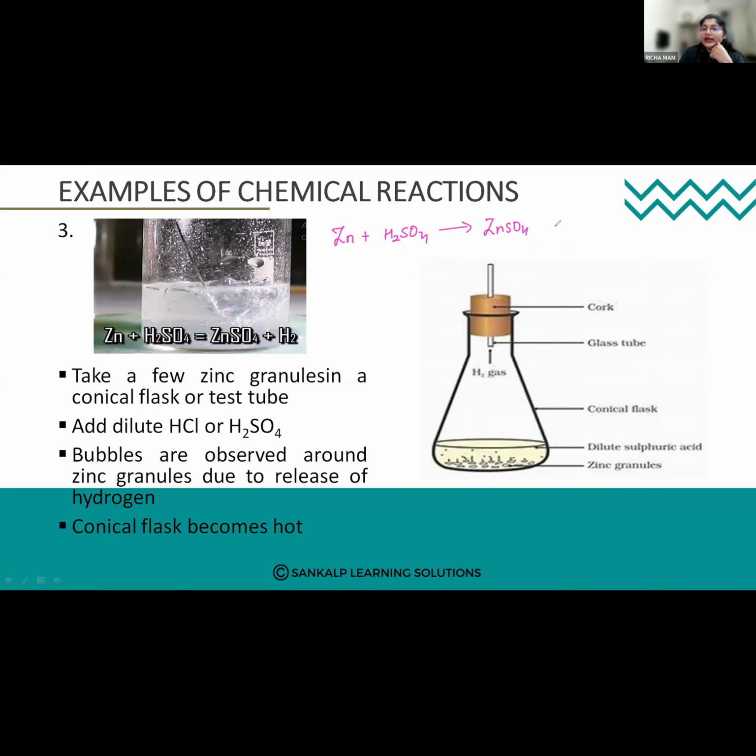The moment you get zinc sulfate, there will be evolution of bubbles. What do you mean by evolution of bubbles? When you open a soda bottle, many of you might have seen it, you can hear a sound coming. You can see there is a liberation of gas, right?